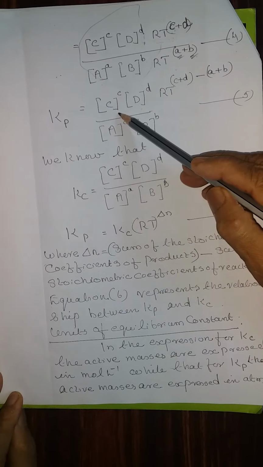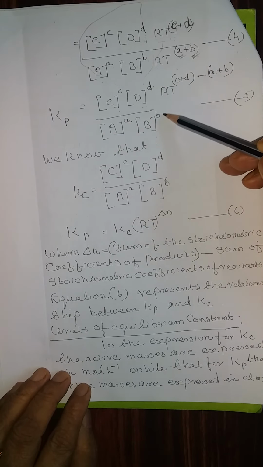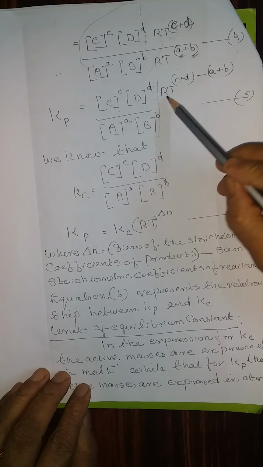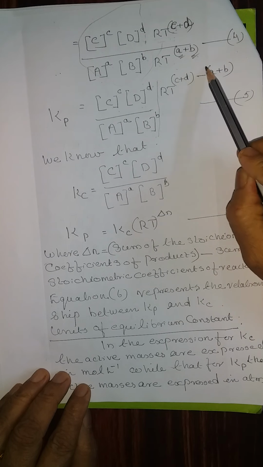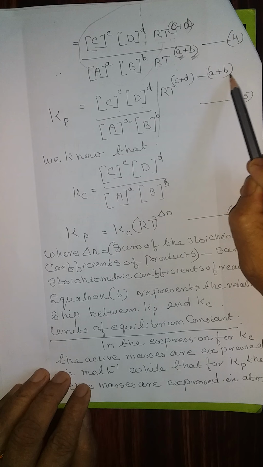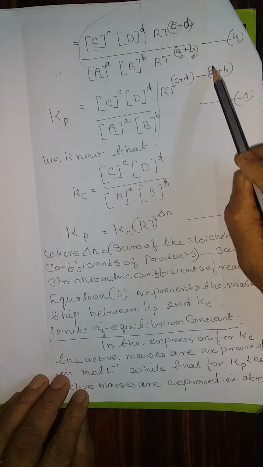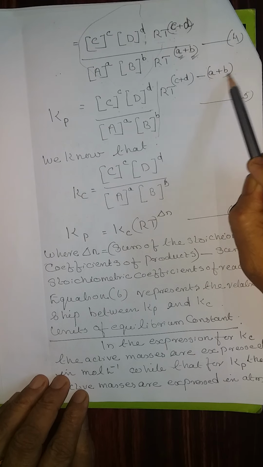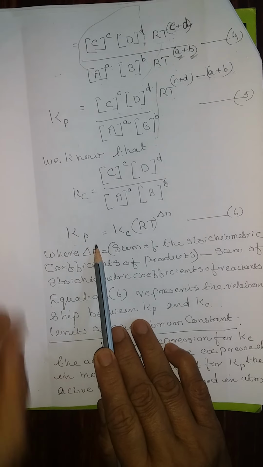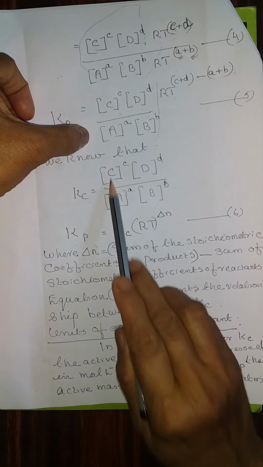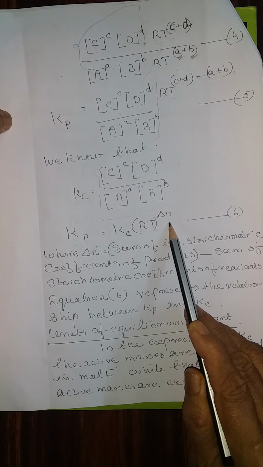That is, concentration of C raised to the power c, D raised to the power d, over A raised to the power a, B raised to the power b, is known as Kc. Bringing this RT raised to the power a plus b into the numerator, that is minus (a plus b). That means RT raised to the power (c plus d) minus (a plus b). Substituting the value Kc here, Kp is equal to Kc times RT raised to the power delta n.